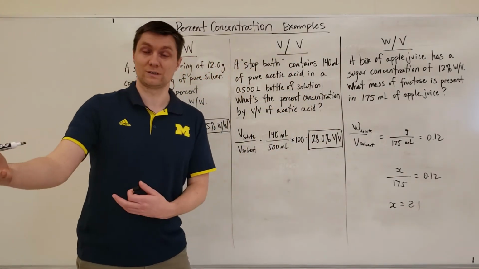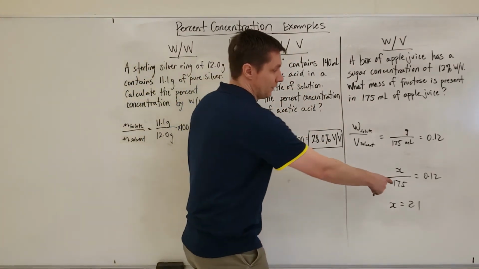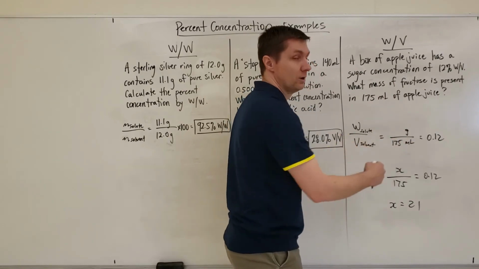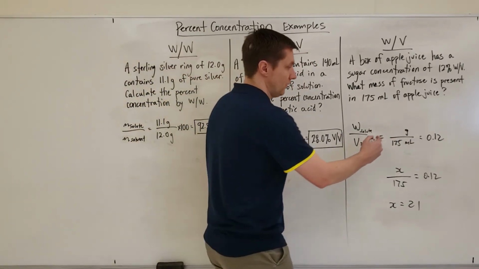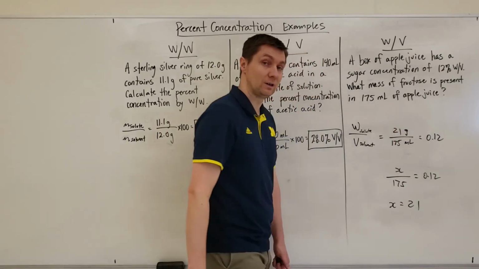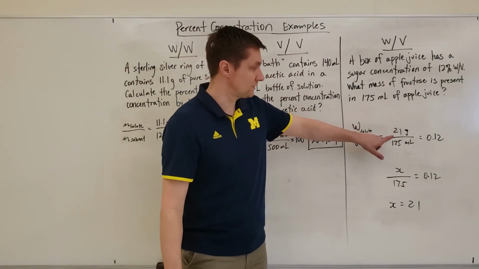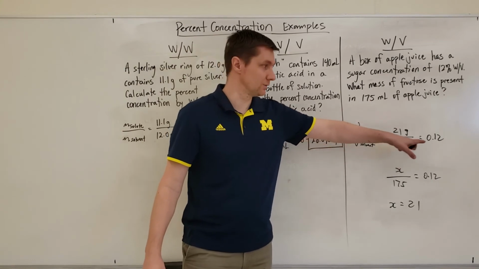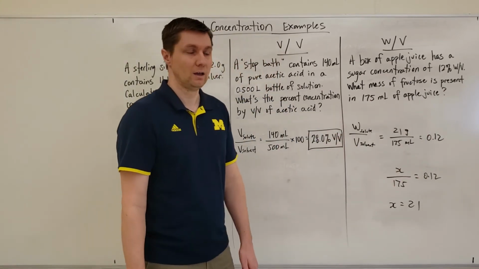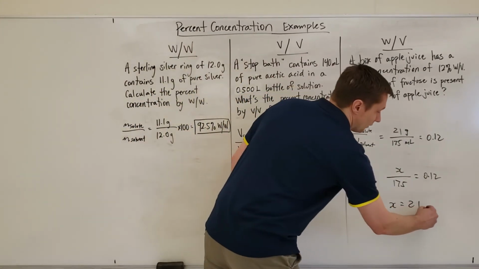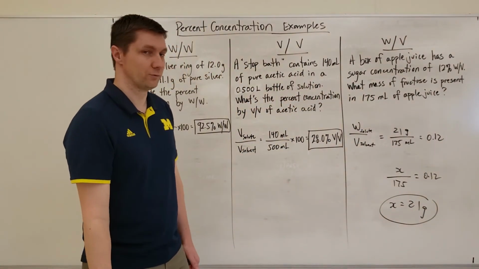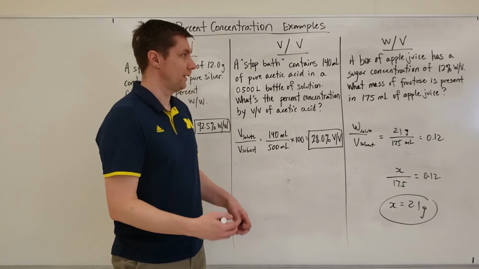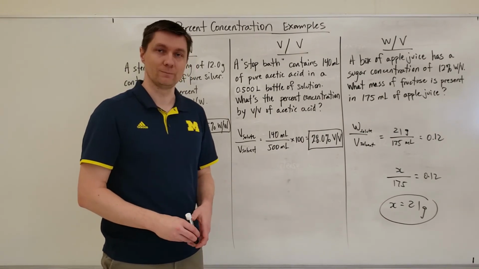Now, what are the units of 21? Well, if I go back up to my ratio, because I've properly put in the units, that tells me this is going to be in grams. 21 grams divided by 175 milliliters is going to give me 12%. And so I know that in the apple juice, there's 21 grams of fructose, or sugar, found in that sample.